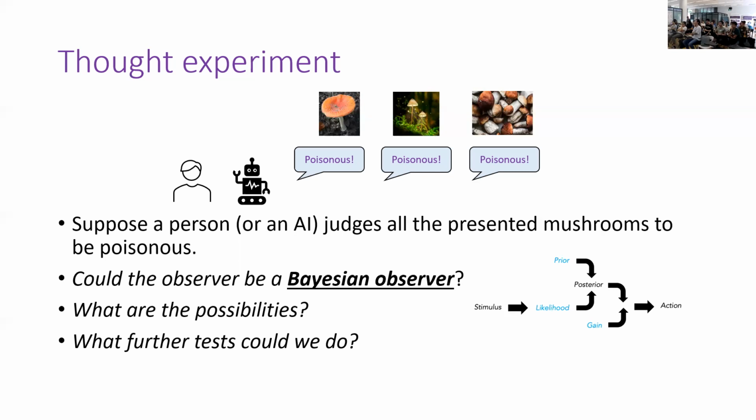And what future tests could we do if we'd like to know whether the agent is Bayesian or not? So you can think about any possible reasons you could explain the observer's behavior. We have an observer, and the observer judges every mushroom picture as poisonous instead of edible.